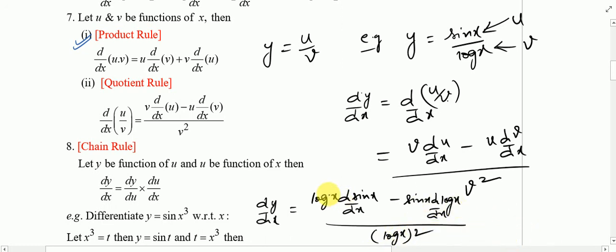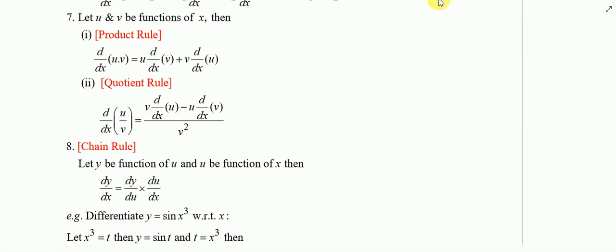So if you have any function of this type, u upon v, then you have to use this quotient rule. Next one is the chain rule. This is very important.